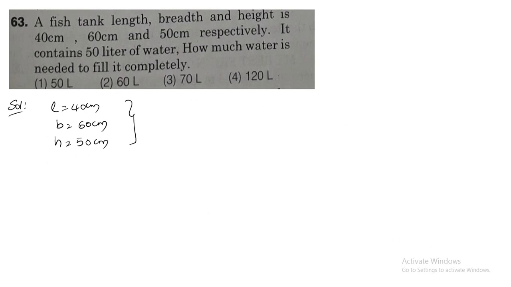So first of all I need to find out the volume of this particular tank. So volume of tank is equal to, so what is the volume of cuboid? It is nothing but length into breadth into height, which gives me 40 into 60 into 50. Now 5 4s are 20, 2 6s are 12, so it is 5 6s, 6 5s are 30, 3 4s are 120, followed by these 3 zeros.